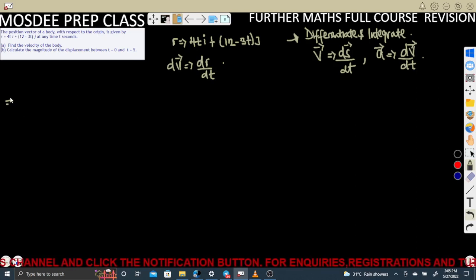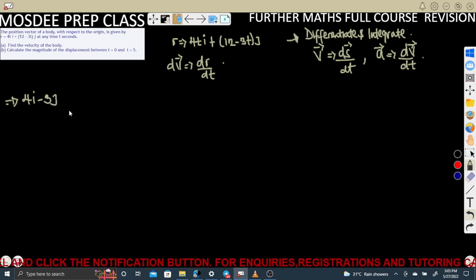This is our 4t, and when you differentiate that, it's very simple. I hope students were taught how to differentiate. 4t will give you 4i, since I'm differentiating with respect to t. i is taken to be like a constant, so it remains there. And the same thing applies to j. I'm differentiating 12 minus 3t: the constant 12 differentiates to 0, so this is minus 3j.